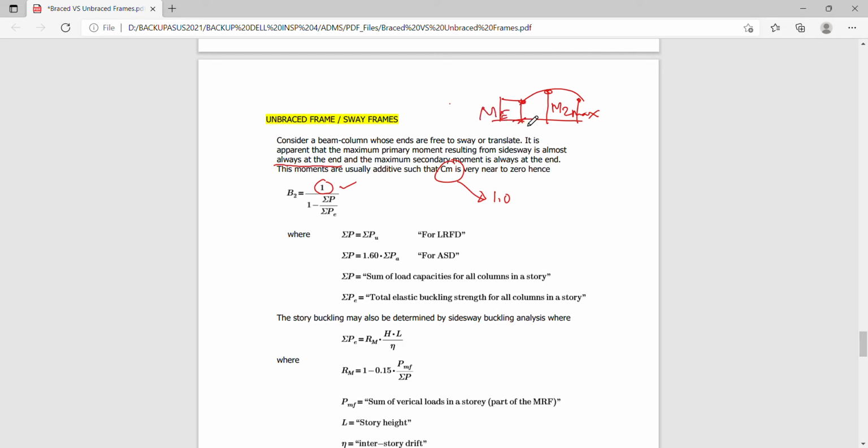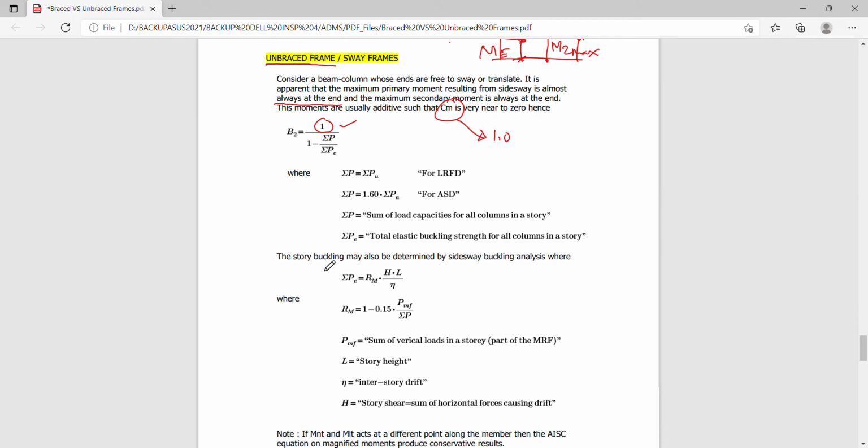So your M max here is actually at the middle, or simply your magnified moment is at the middle, and it is taken care of by this modification factor, which in the unbraced scenario is not very significant. Hence, we always try to make this numerator equivalent to 1.0.